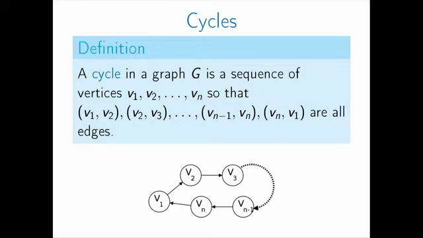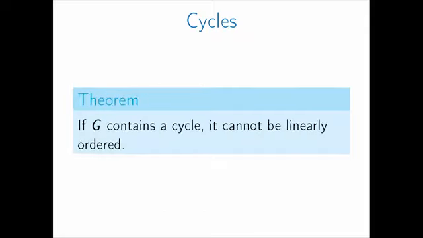If your graph has any cycle, a cycle here is a sequence of vertices, v1, v2 to vn, such that each one connects to the next using a directed edge. So you've got a bunch of vertices arranged in a circle such that each one connects to the next one all the way around. And the theorem is that if G contains a cycle, it cannot be linearly ordered.